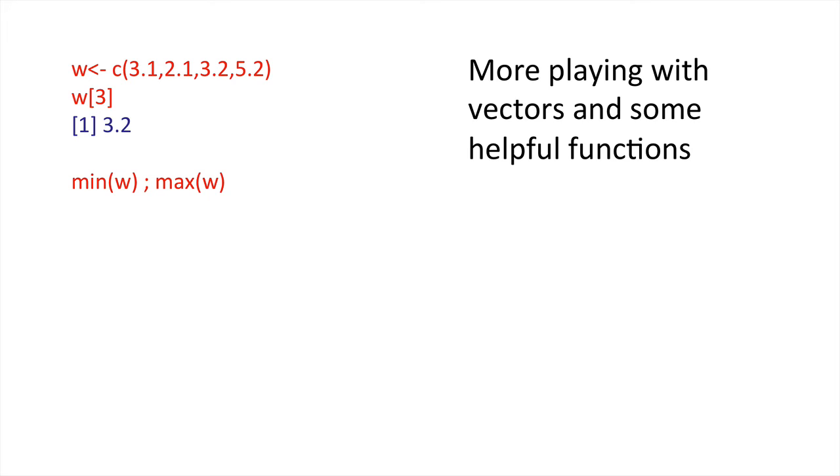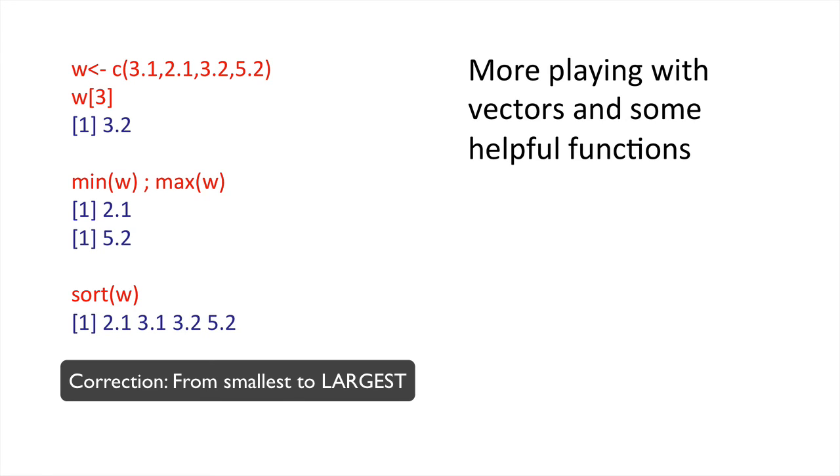So we can ask what's the minimum element in W and what's the maximum of the elements in W, and in this case we get 2.1 and 5.2. We can ask R to sort that vector. The default is from the smallest to the largest, and this is what we get here.